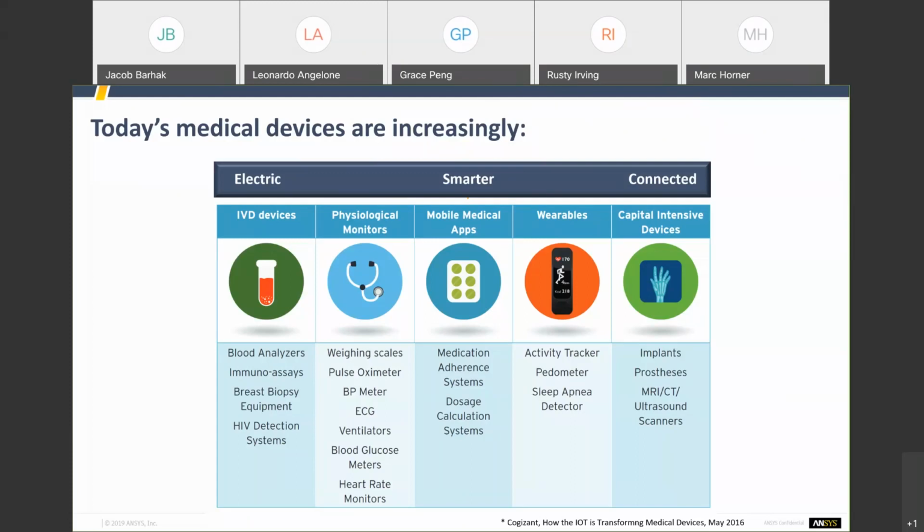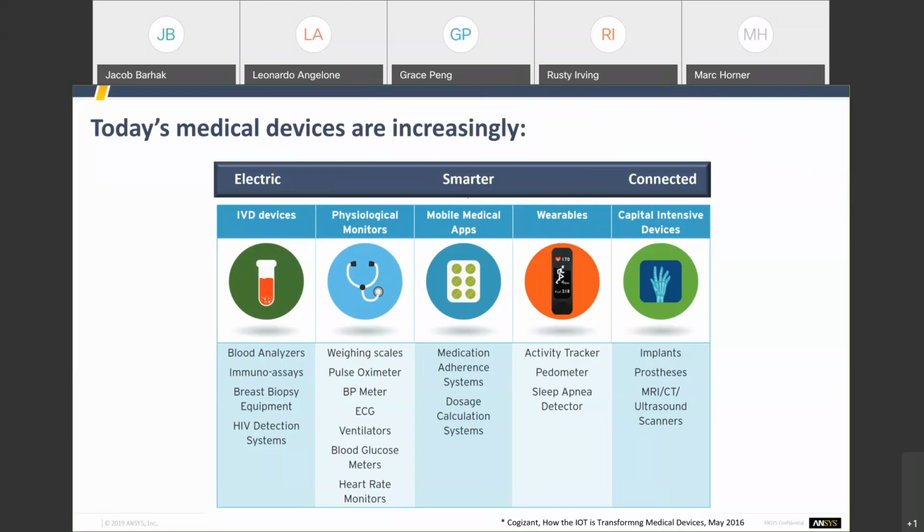We can enable that by making the medical device as small and portable as possible, and also allow for patient independence. We're doing that by shrinking the package of the device, making it smarter, and adding connectivity so that it can communicate the current state of the device itself, as well as the state of the patient, back to a clinician so that they can monitor that patient remotely.